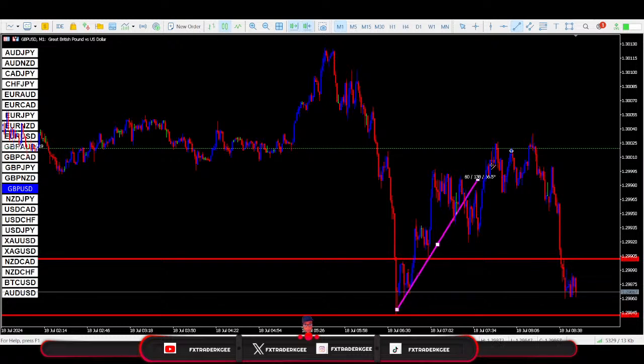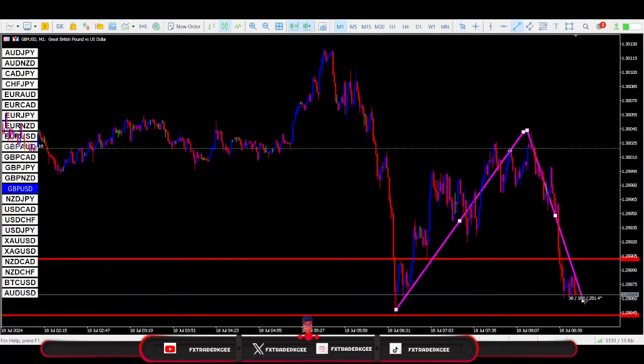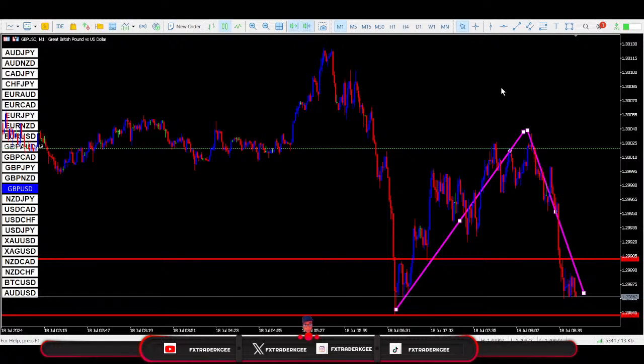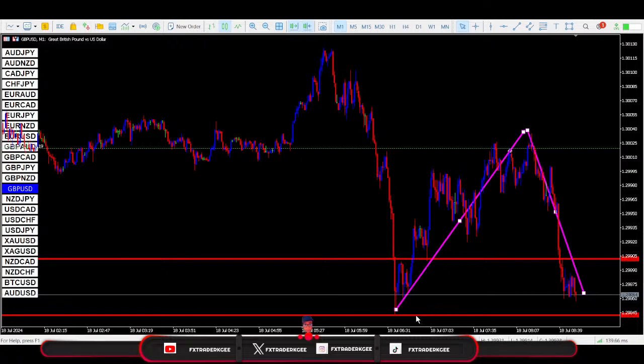This is your A, this is your B, this is your C, and then you can look for an entry, provided this level is not threatened. If this level is threatened, you have to start looking for this pattern newly.